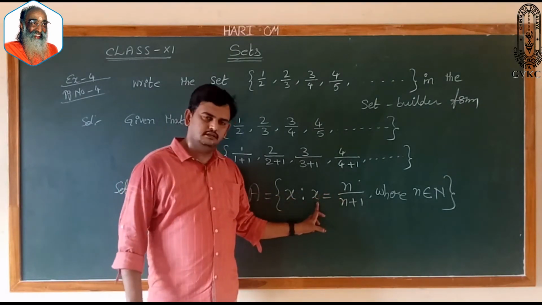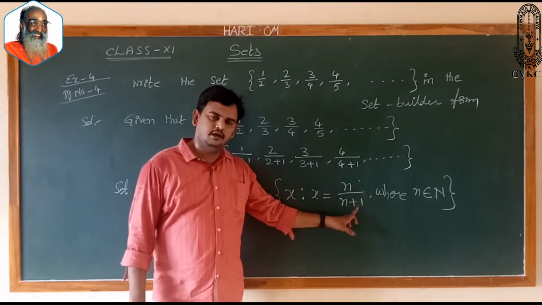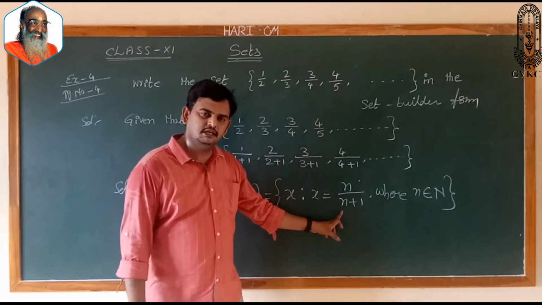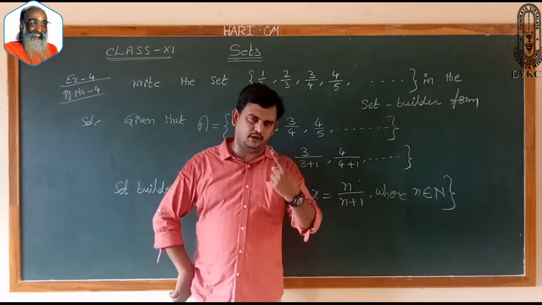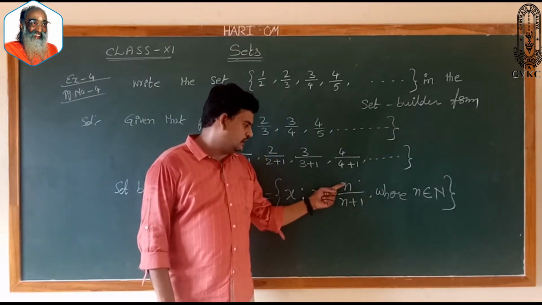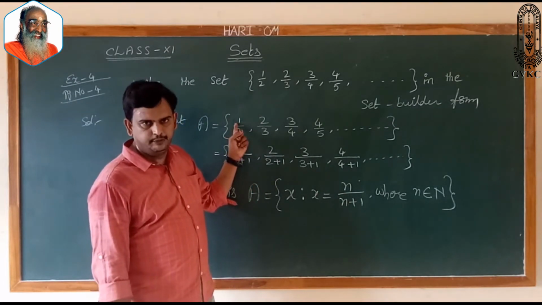Now x, how are you getting x? x is nothing but n by n plus 1. What is n here? Natural number. What is our first natural number? 1. When we take 1 here, we have 1 by 1 plus 1, which is nothing but 1 by 2.